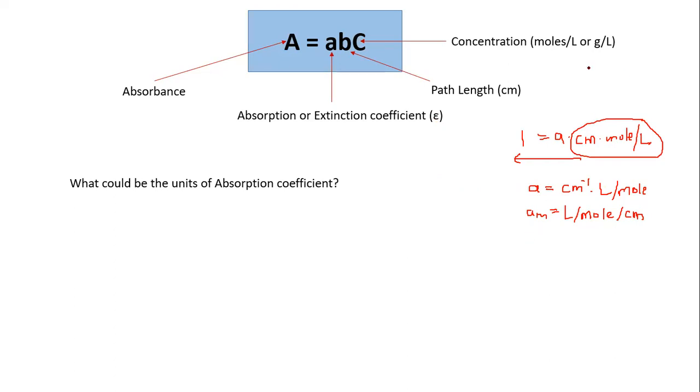And when you represent concentration in terms of grams per liter, it is written as specific absorption or extinction coefficient, written like a_s. Now the units will be liter per gram per centimeter, right? So now you have two terms with you: the molar absorption coefficient and the specific absorption coefficient.